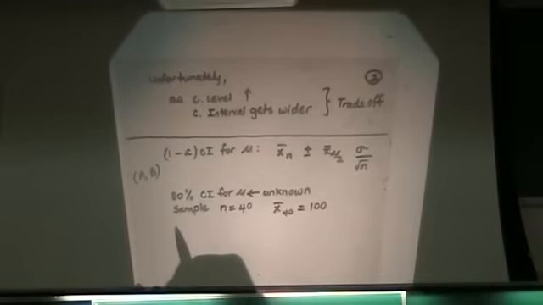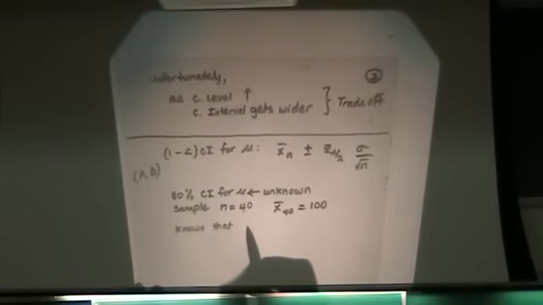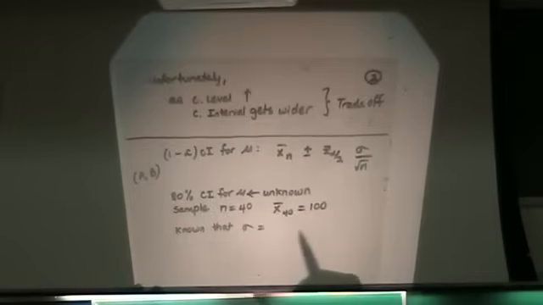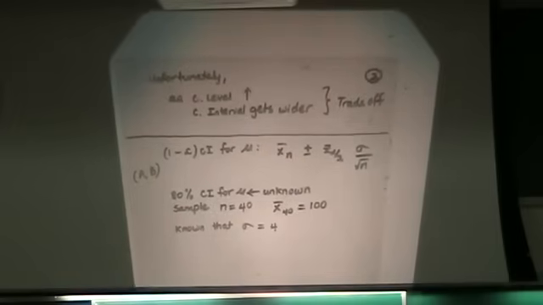And it is known that sigma for the population is 4. It's given. Sigma x is given. Find the 80% CI for mu.